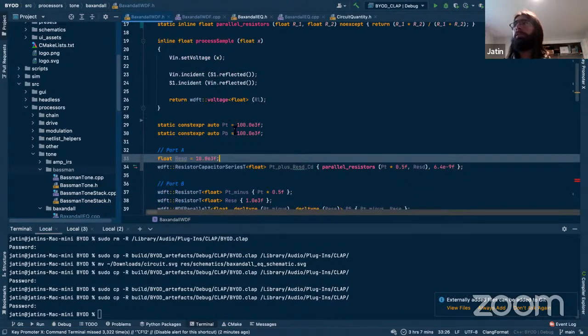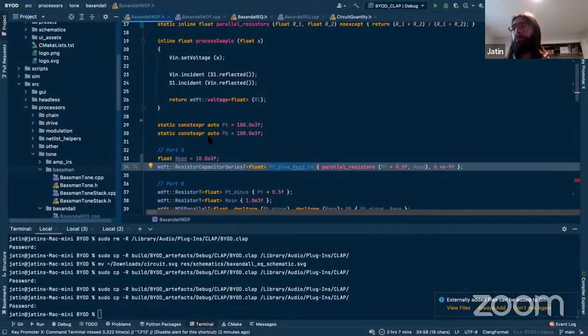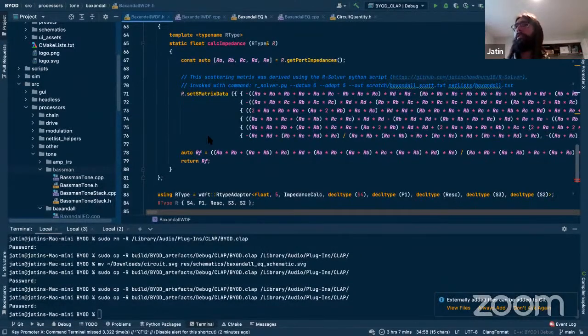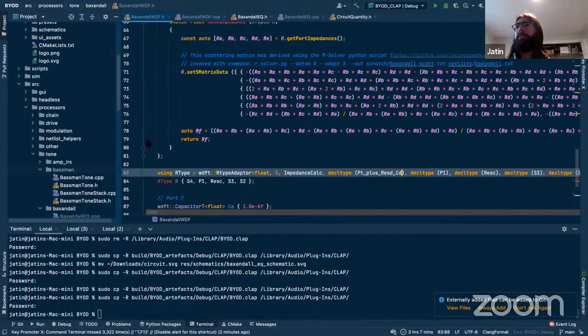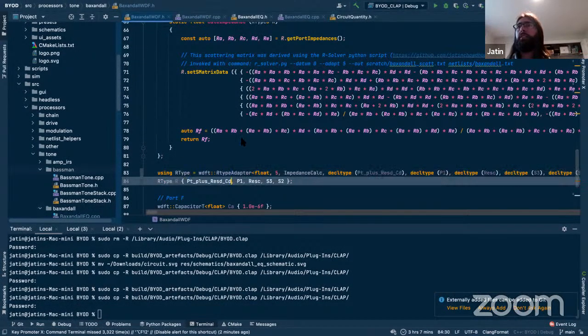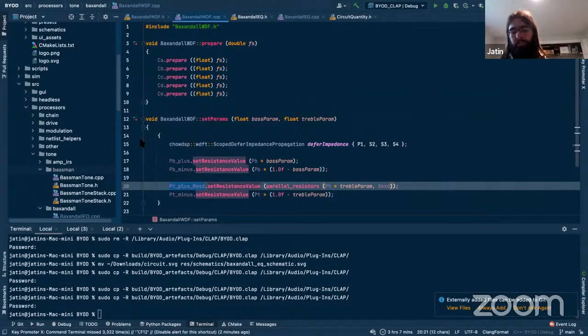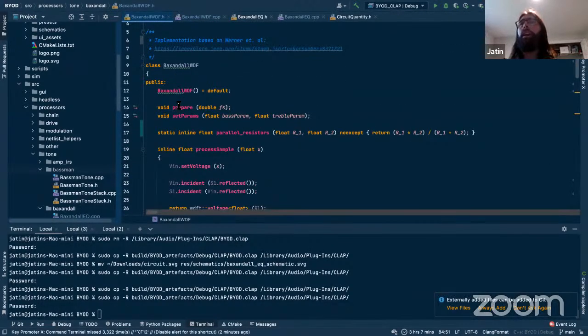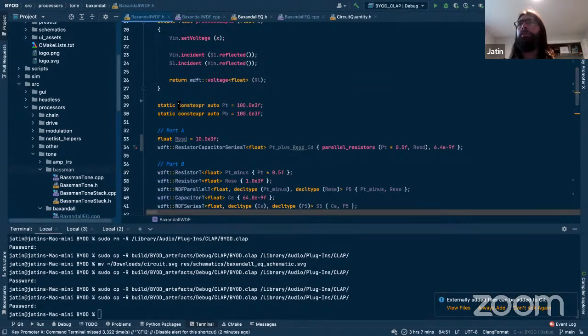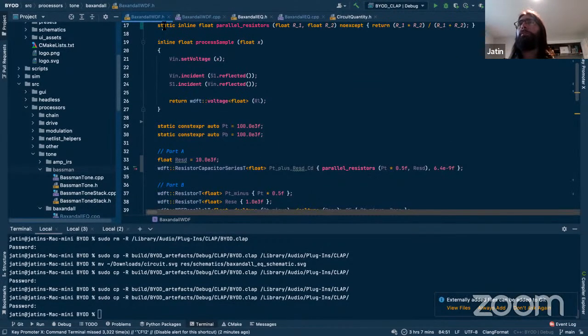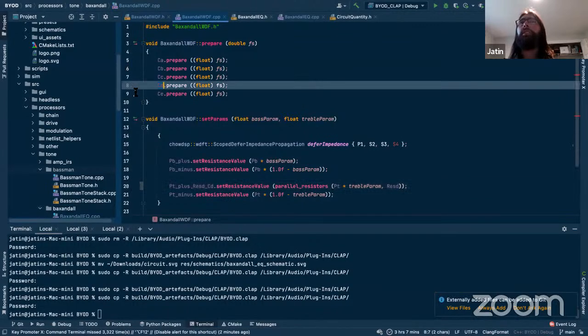That means I need to edit some things further down, because otherwise we're going to have missing identifiers. And here I also need to change this so that it has both of those, so it has the correct name now. Now we should be able to build. Actually, no, we're missing this one. Oops.